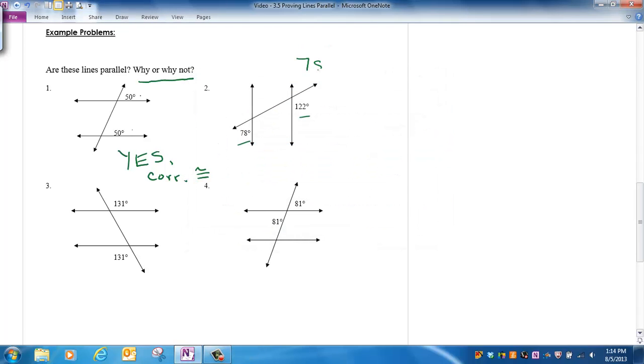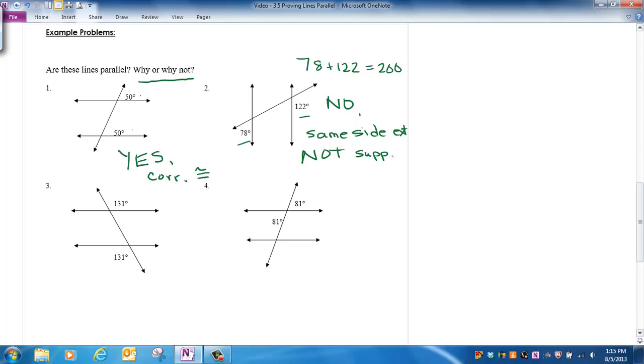If I have 78 plus 122, that gives me 200. That is not 180 degrees. So do I think these lines are parallel? No, I definitely do not. My reason why, same side exterior is not supplementary.